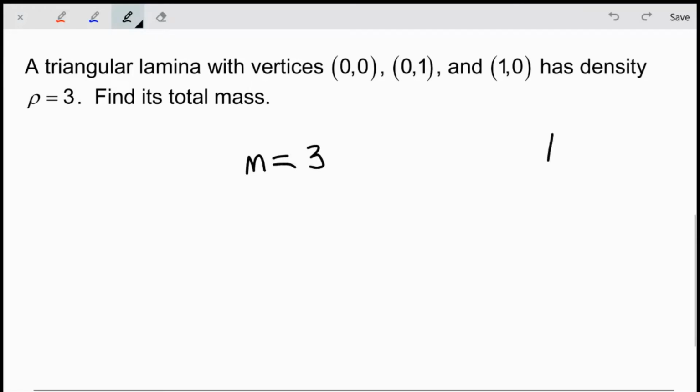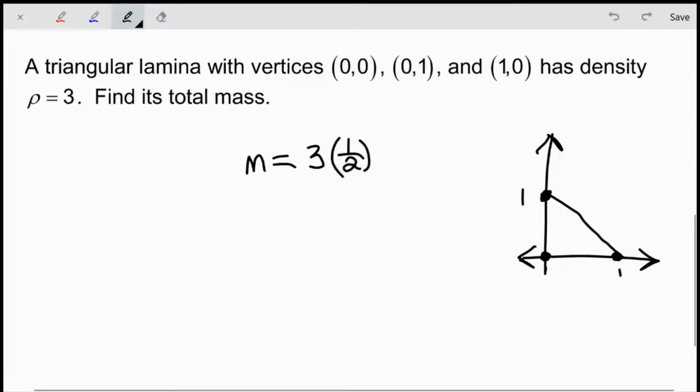We're looking at the point (0, 0), the point (1, 0), and the point (0, 1). So essentially I've got this triangular region with an area of 1/2. The mass is the density times the area, so I'm going to get 3/2.